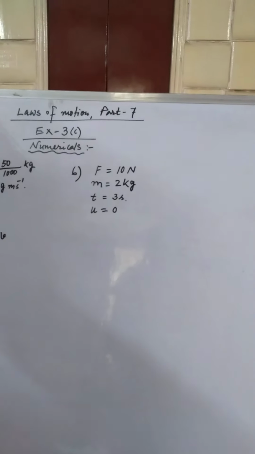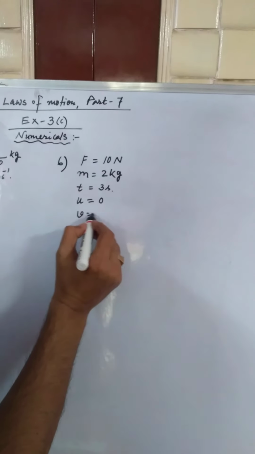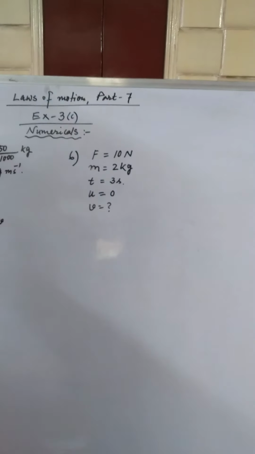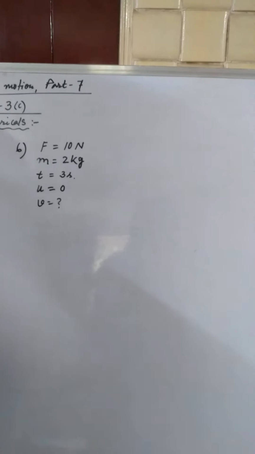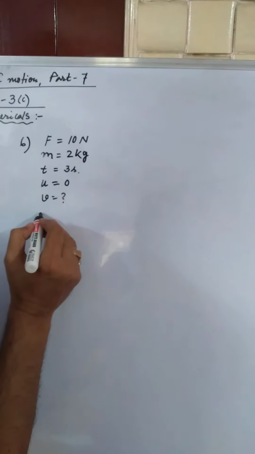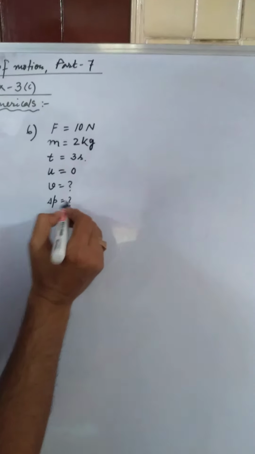And calculate the velocity acquired by the body. So you have to find out v, and the change in the momentum of the body, that means delta p. Now let us discuss the question.